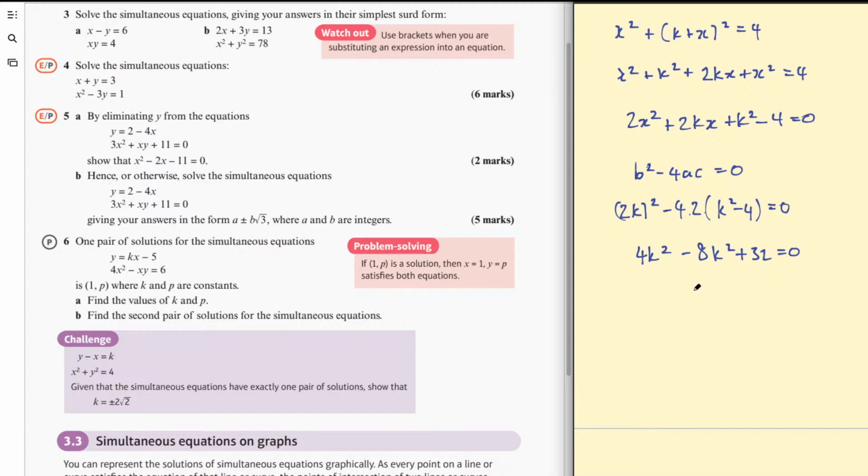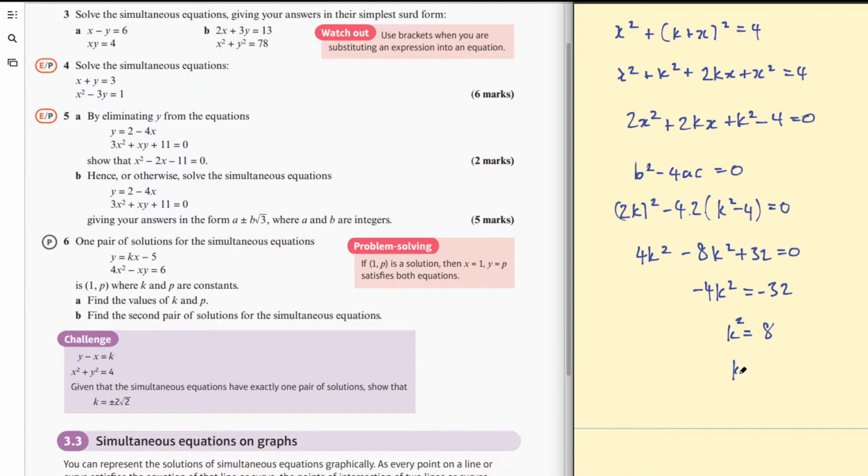And then negative 4k squared is equal to negative 32, so k squared is equal to 8. Oh, sorry, we haven't finished yet. k squared is equal to 8, and remember it says show that k equals positive or negative 2 root 2.